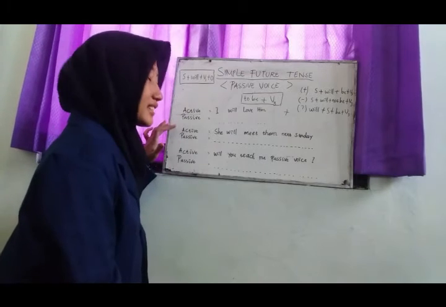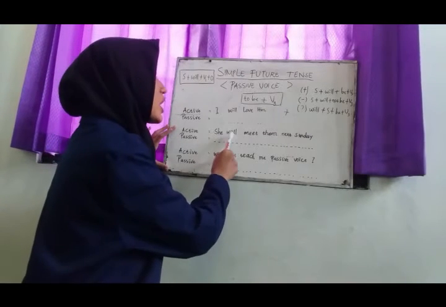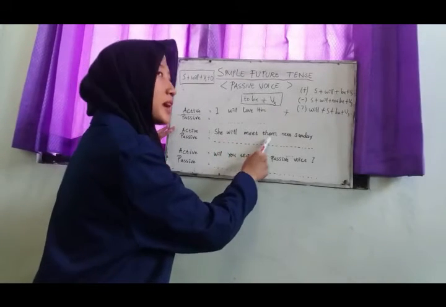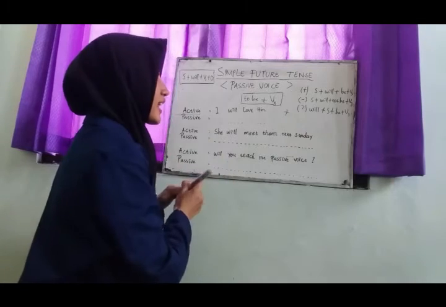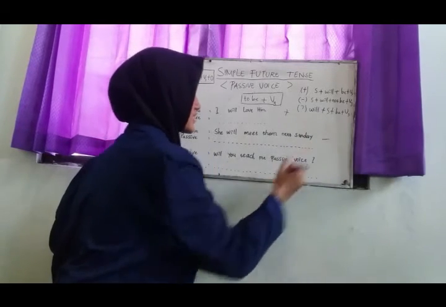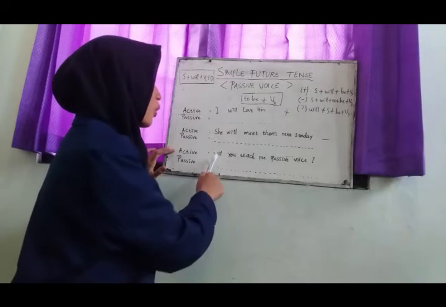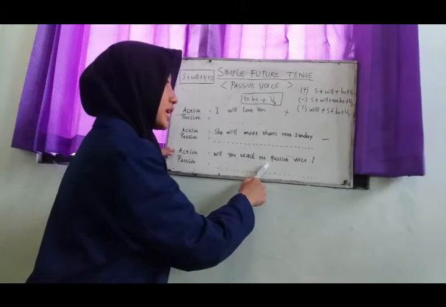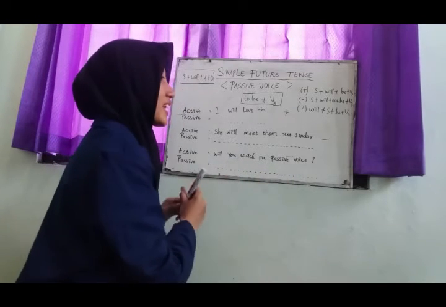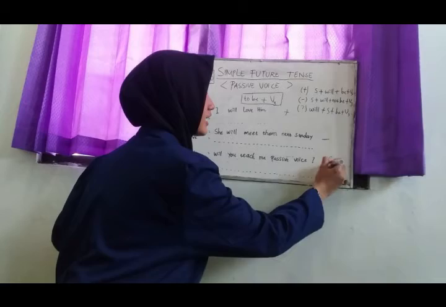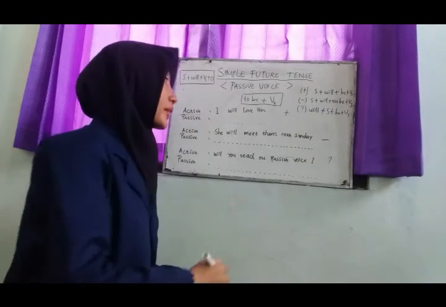And the second sentence here, she will meet them next Sunday. This is the negative sentence. And the last sentence here, will you teach me passive voice? This is the interrogative sentence.